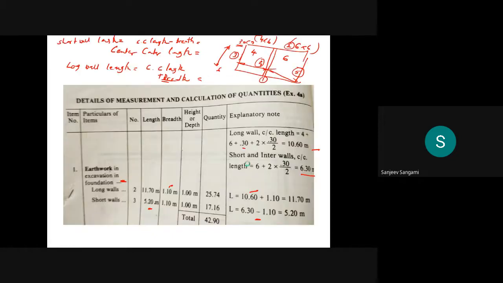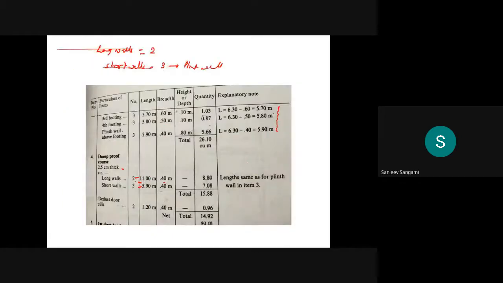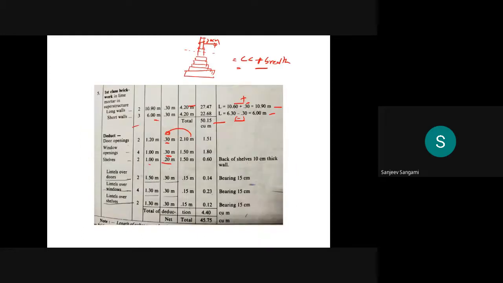Again, windows and shelves are 15 centimeters thick. Most of the people will not see that, and directly they will substitute this 2.1 meter in the breadth column. They will not read it. So that has to be taken care of, especially in these conditions. Shelves have 0.2 meters thickness.